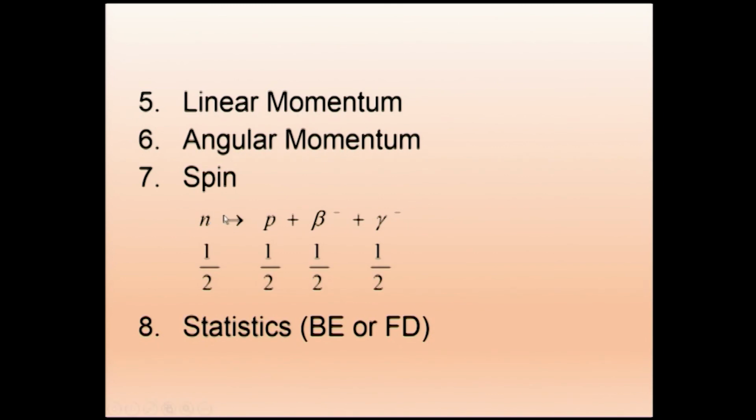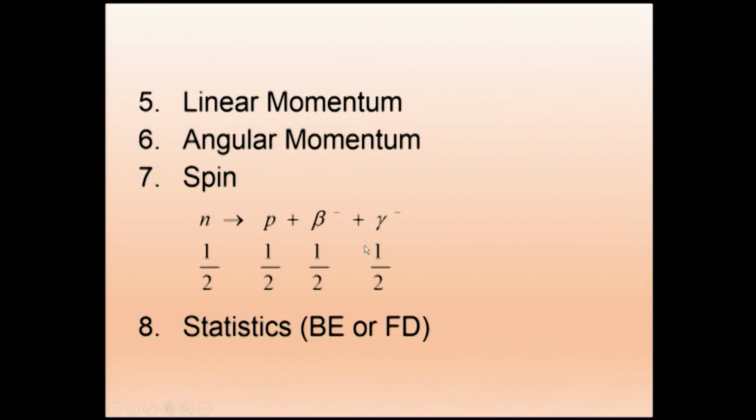Neutron becomes proton, plus we get beta minus and antineutrino. The neutron has spin 1/2 and the proton has spin 1/2, and the beta minus particle, which is an electron, is also a spin 1/2 particle.